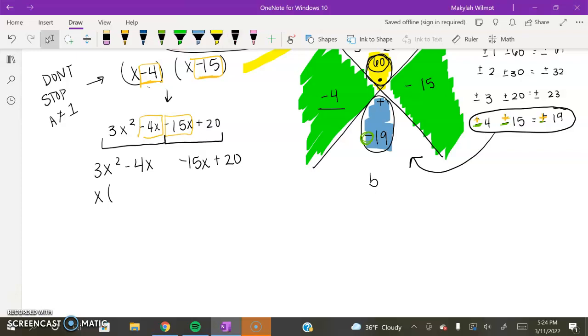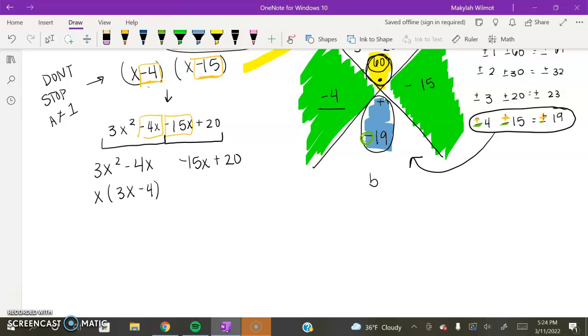So here we would be left with 3x still minus 4. And then over here, you're going to want to take out this negative sign.